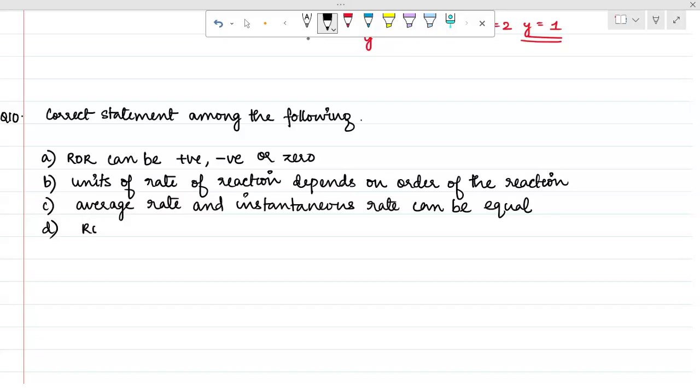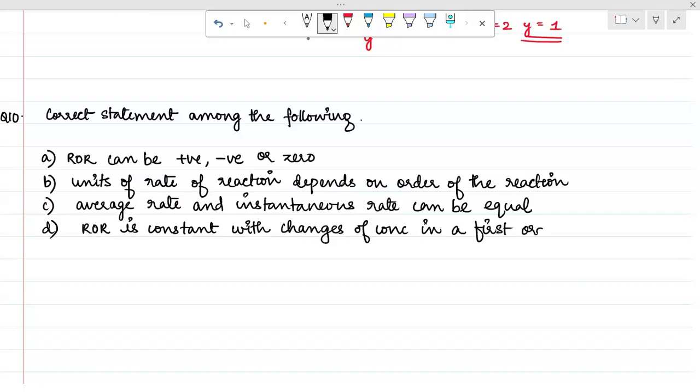Option D, rate of reaction is constant with changes of concentration in a first order reaction.